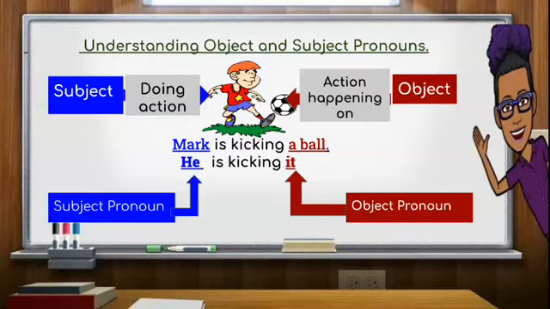So here we have he, subject, doing the action, and it, the object, receiving the action, or what the action is happening on. So he is kicking it, replacing Mark and the ball in the sentence: Mark is kicking a ball.